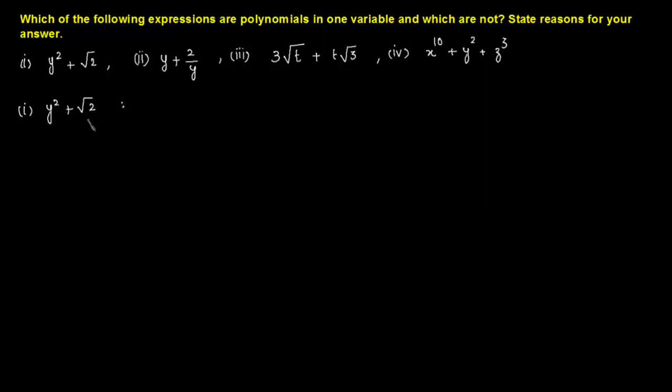You can see that this expression has the variable y, and y has been raised to a whole number. Therefore, this is a polynomial. And we are also supposed to say if it is a polynomial in one variable or not. Yes, this is a polynomial in one variable because the only variable that is involved here is y. So this is a polynomial in one variable.